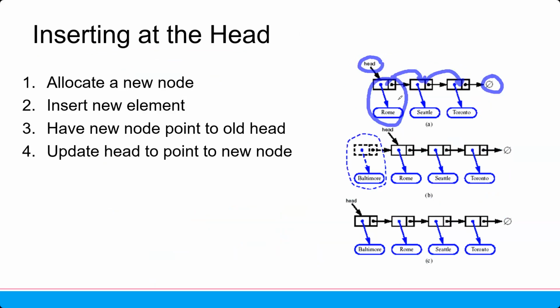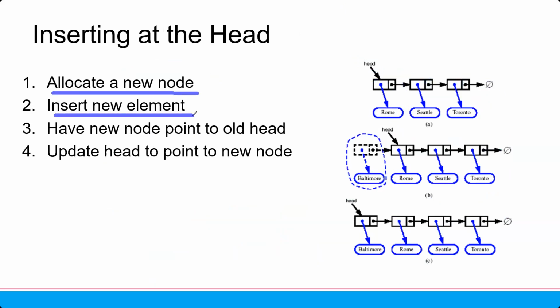Now, I changed my plan. Before I go to Rome, I want to visit South, and I need to allocate a new node. It means I will create a node. After I create a node, I will insert the new element.